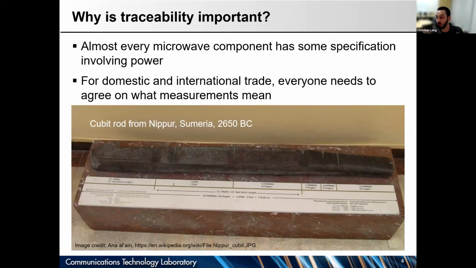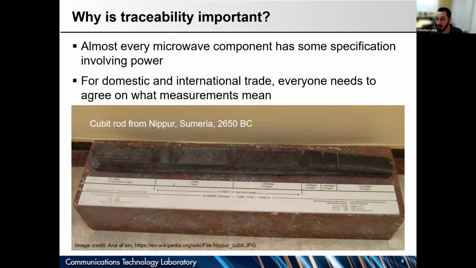So it's critical that if one company has a data sheet and they want to sell an instrument and another company or a person wants to buy it, then they need to be able to trust that when they buy something from one company, the things that are in its data sheet are going to agree with measurements made with an instrument from another country in another part of the world. And when they do measurements, they'll get comparable results.